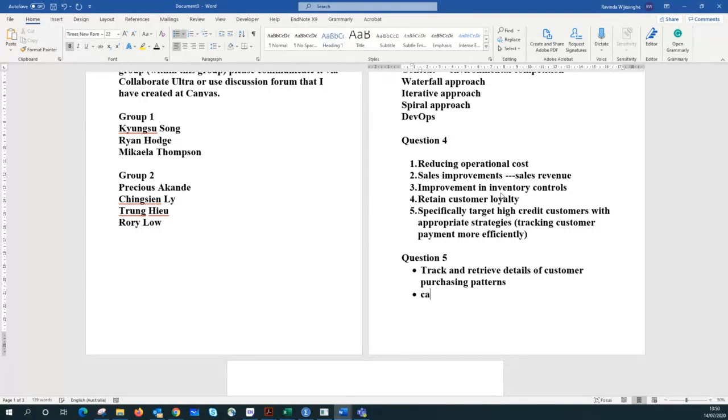So we can say calculate the profit or loss margin for each single transaction.